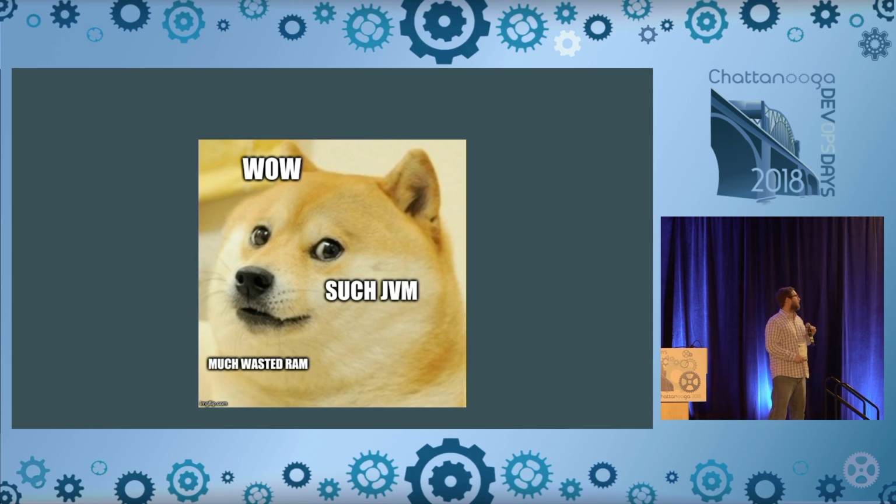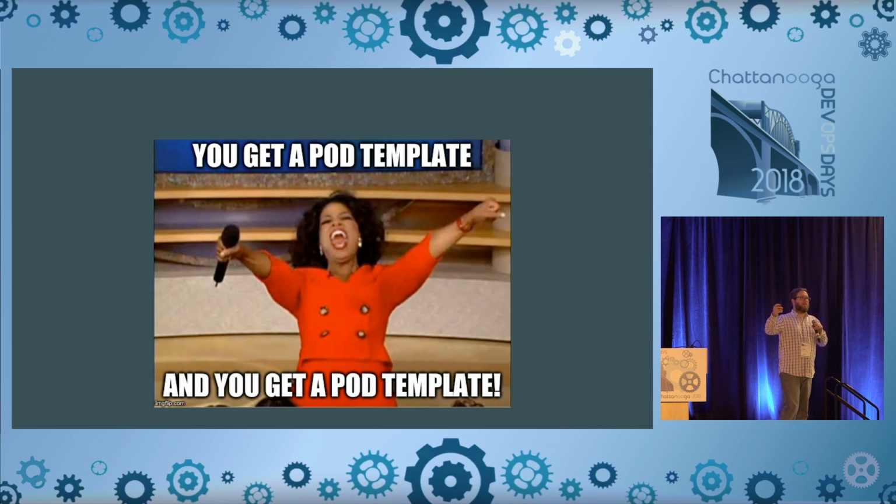And even better, you can have multiple pod templates, right? So every different development team can have their own pod template that has just the stuff they need for their build. And in fact, you can do multiple pods, multiple containers for your particular build.